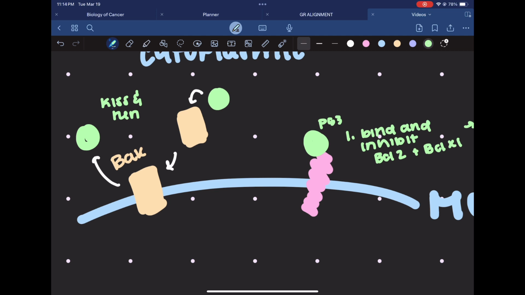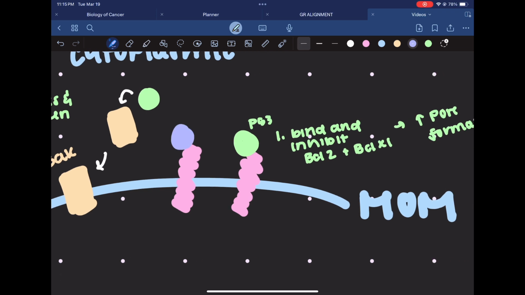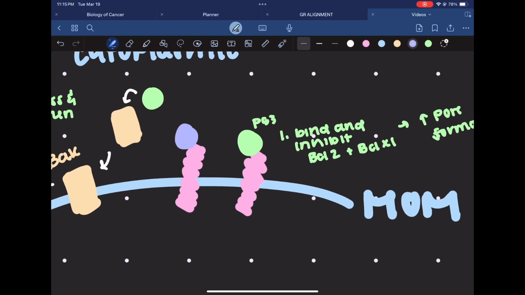And then we talked also about how PUMA is transcribed by p53. The function of PUMA is that it is also able to bind and inhibit BCL2 and BCL-XL. So this is my PUMA protein. This is inhibiting this, just like p53 is inhibiting this protein.